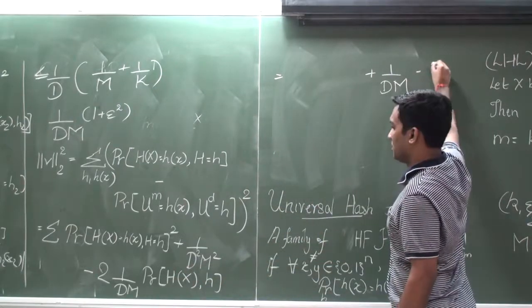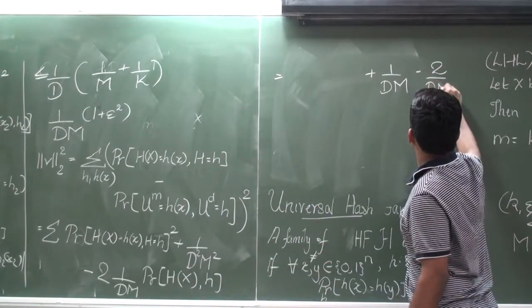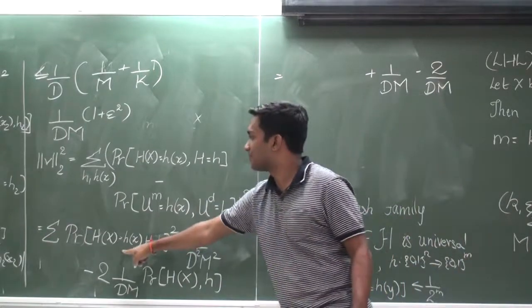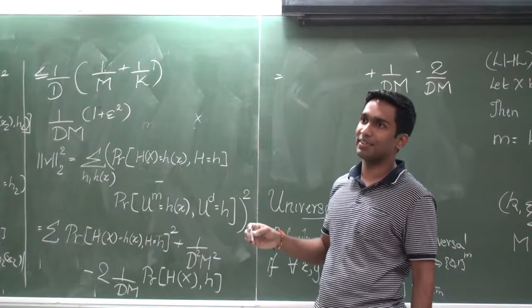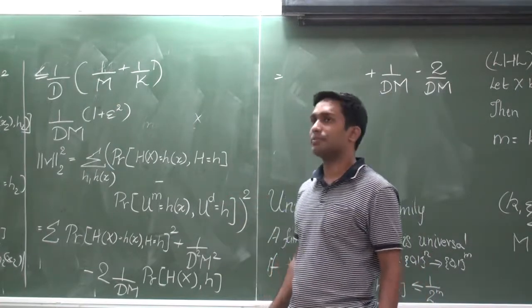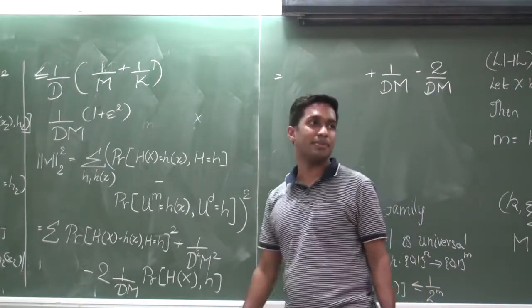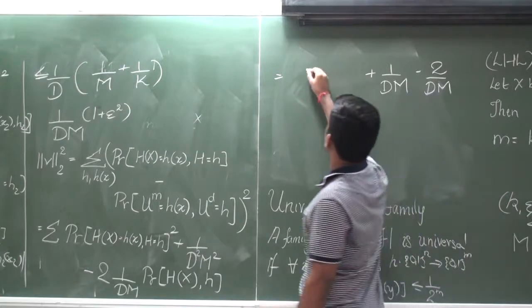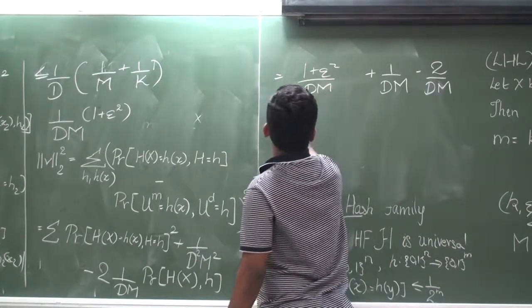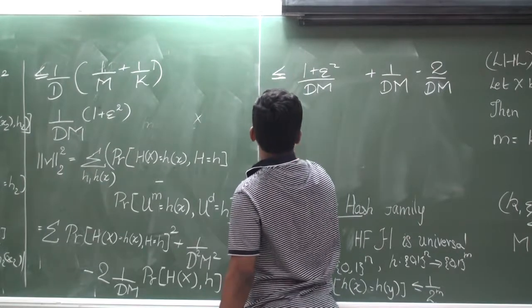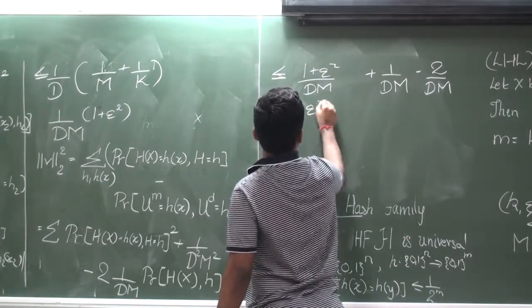This is minus 2 times dm. What is this? This is nothing but the collision probability, so this is 1 plus epsilon square by dm. So it's bounded by this one, so this is equal to epsilon square by dm.